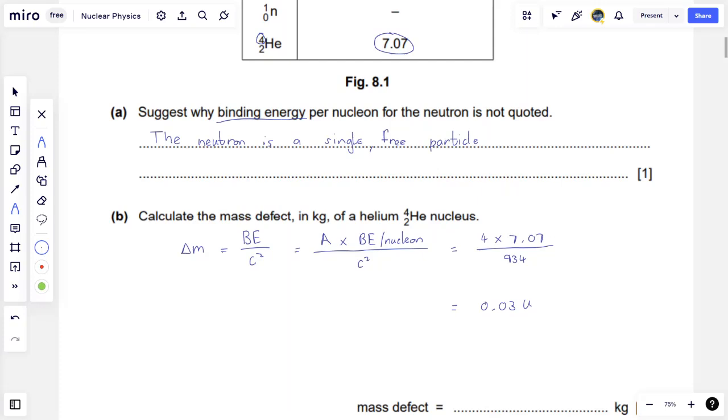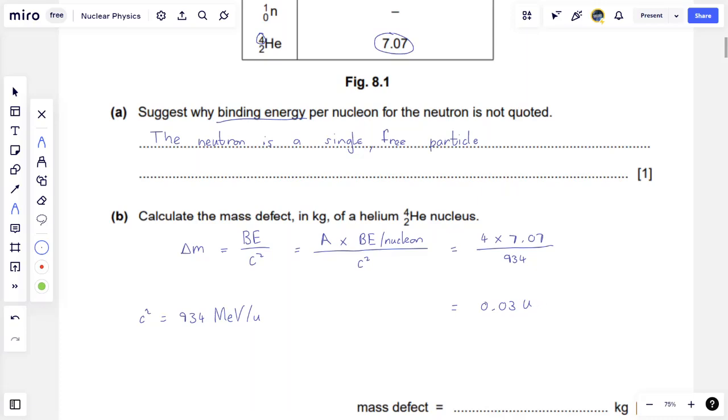The measurement, though, is asked for in kilograms, so I have to convert atomic mass units into kilograms. I used the form of c squared as 934 mega electron volts for every atomic mass unit. This can be shown. In fact, later on we will show where we get this.